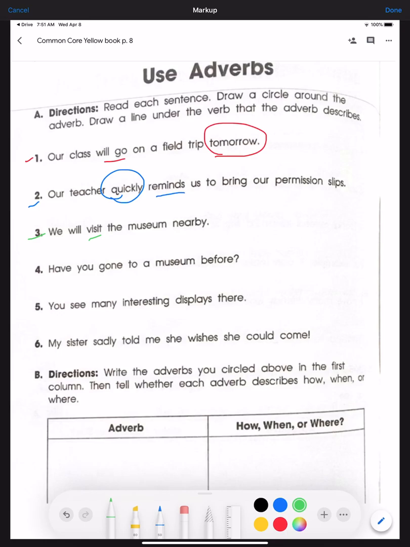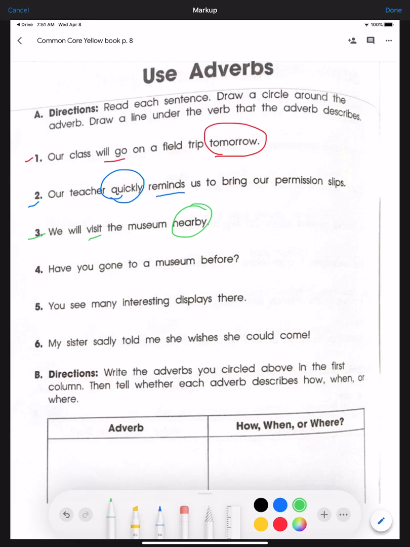This one gives you the location. Circle that. We're going to the museum, but where is that museum? The museum is nearby. I'm going to read through 4, 5, and 6. You do them and pause the video so that you can come back and check your answers with me.